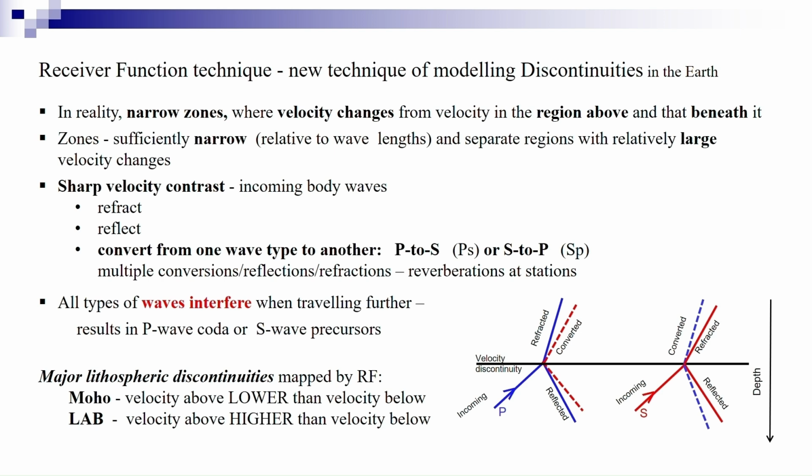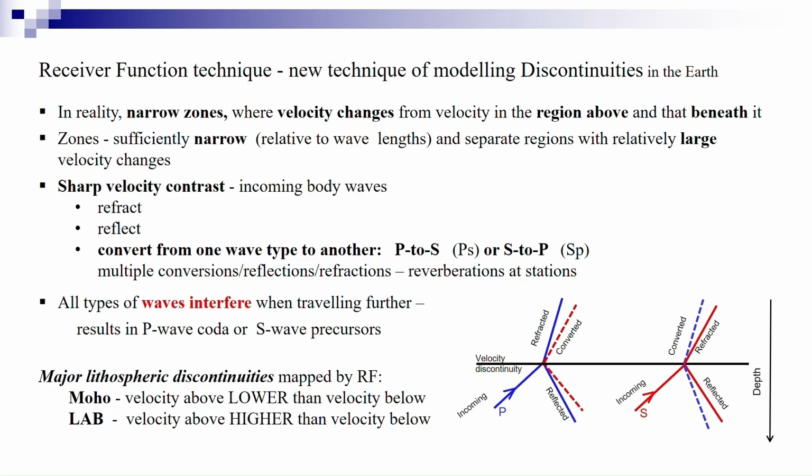If the contrast is sharp enough, the incoming waves reflect, refract, and convert from one type to the other and interfere when propagating further to the receiver. This results in P-wave coda or S-wave precursors.